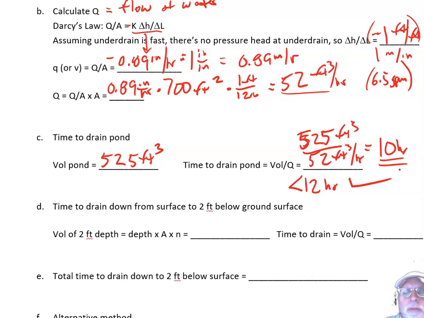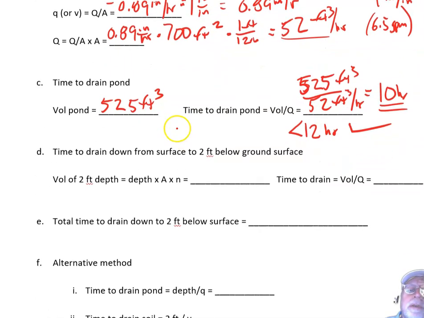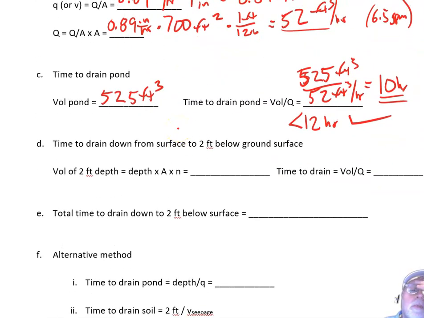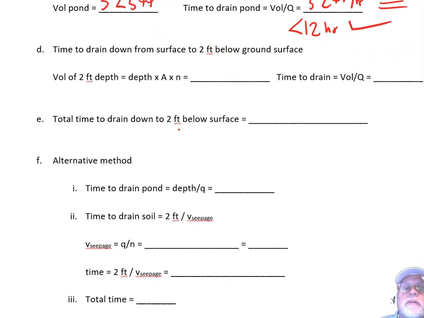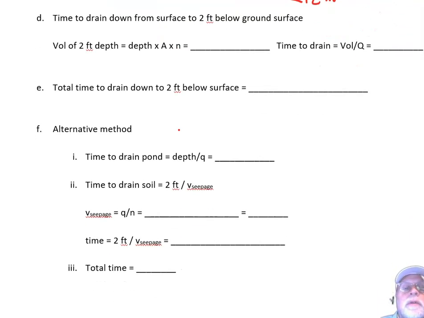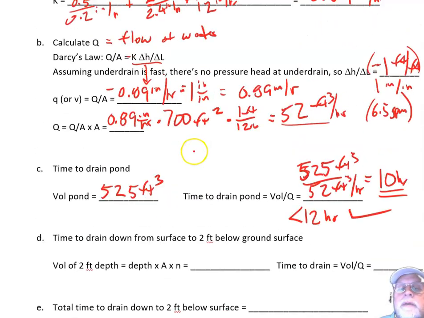All right, so that's the time to drain the pond down to the bottom of the pond. We've got another requirement that we need to drain from the surface down to 2 feet below the surface. So the volume in that, all right, go back up here.